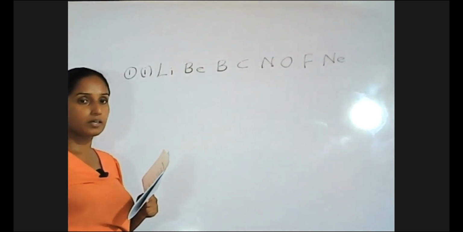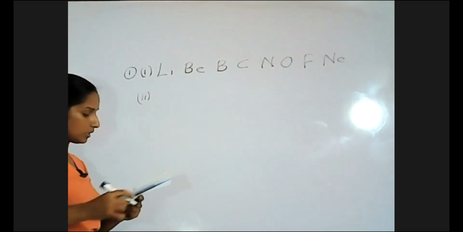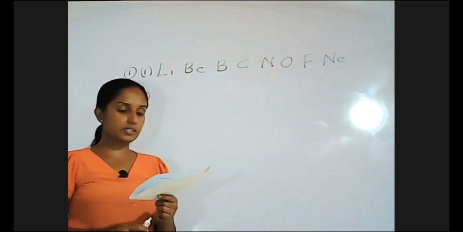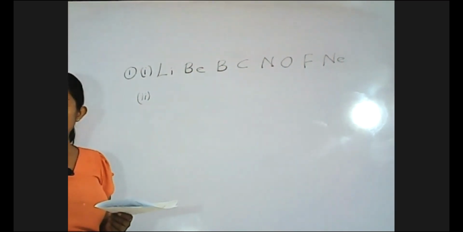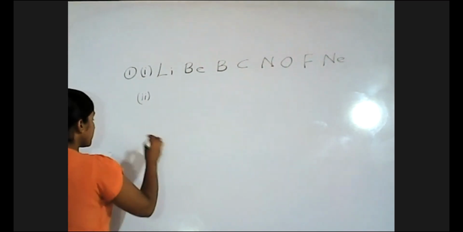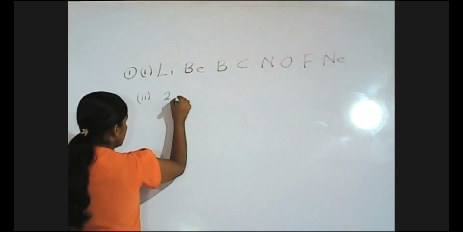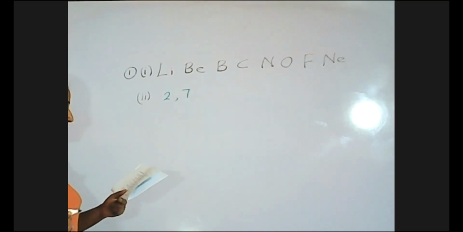Very easy, Pute. Look at the second one. Write the electronic configuration of fluorine. What is the atomic number? Yes, 9. Then write the electronic configuration: the number of electrons 9, then 2, 7. 2, 7.